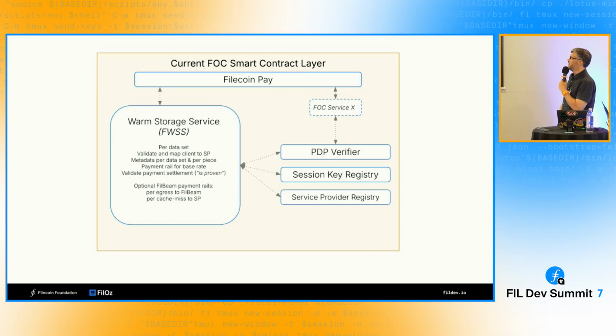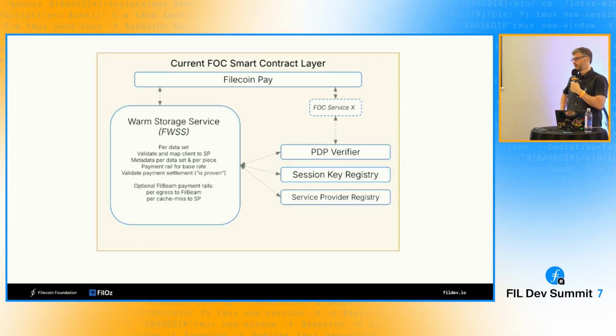Okay, Filecoin Pay is another contract, and it manages payment rails. Payment rails are just our lightweight form of passing tokens from clients to service providers, and it manages ERC20 tokens.